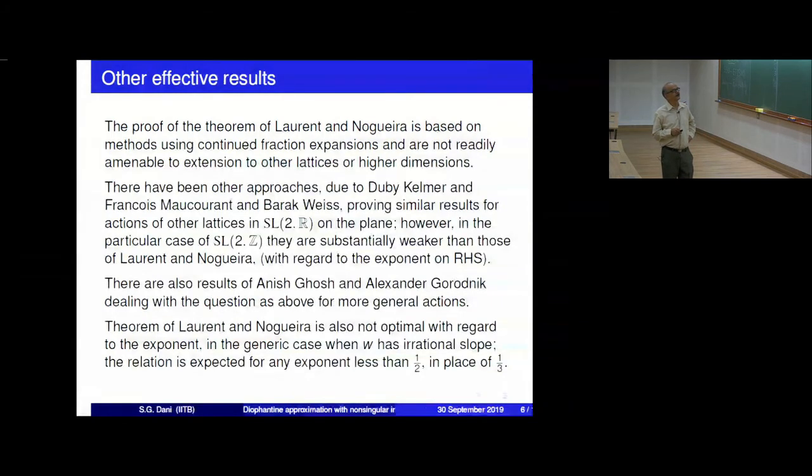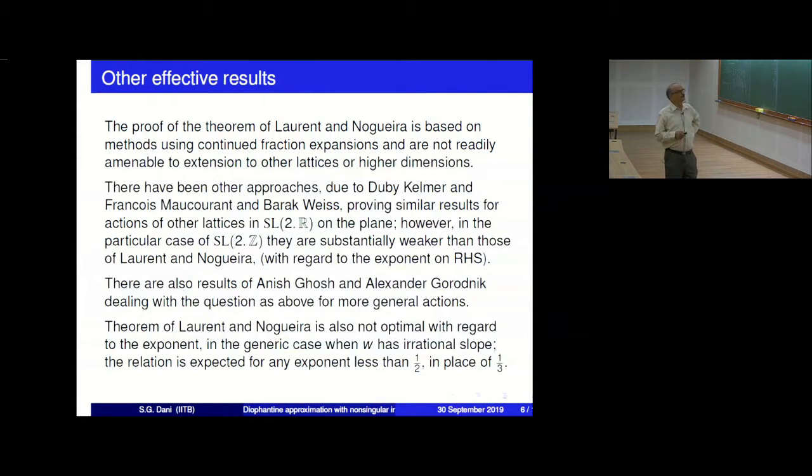But the disadvantage with this technique is that it is not amenable to generalization to higher dimensions. Though there is a certain amount of theory for continued fractions in higher dimensions, it's not quite useful in these kinds of questions.